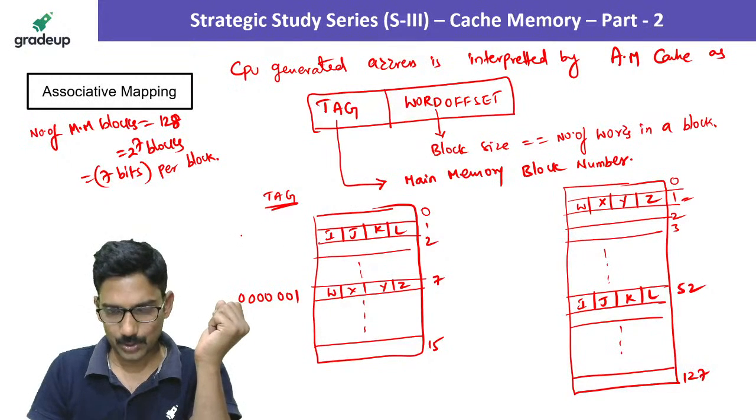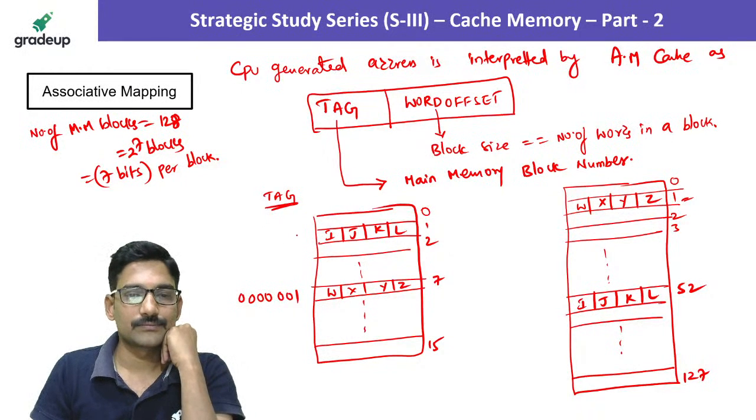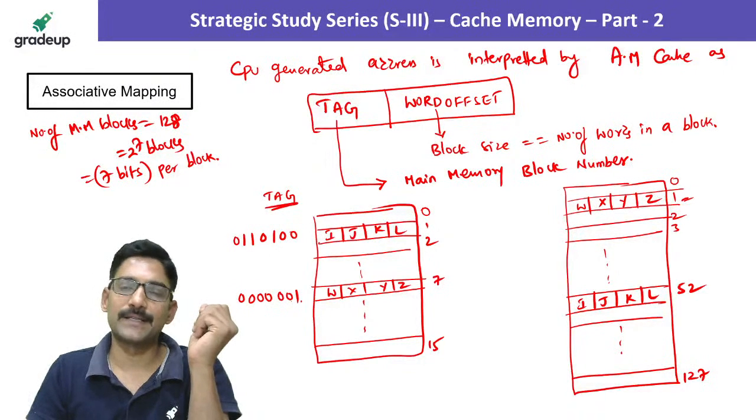So 52, I can say 32, 16, 4. So 52 is maintained in this way.